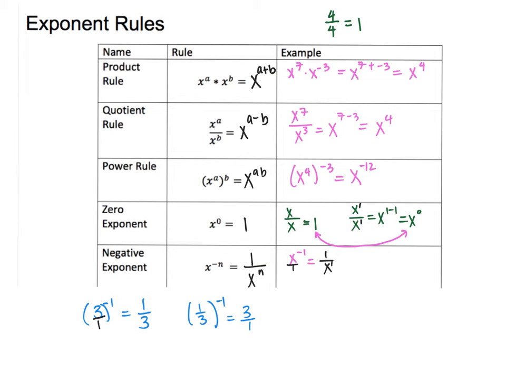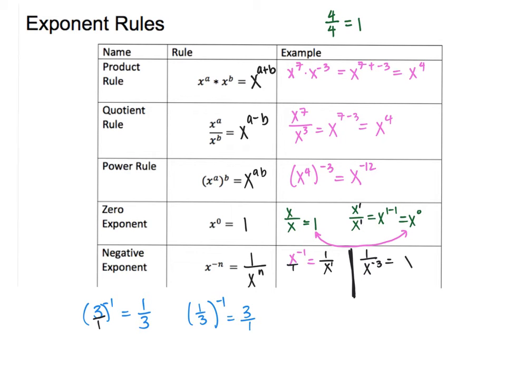So it switches sides. Let me do a different example here. Let's say I have x to the -3rd power in the bottom. Well, to make this exponent back to a positive, I have to throw this x to the top.